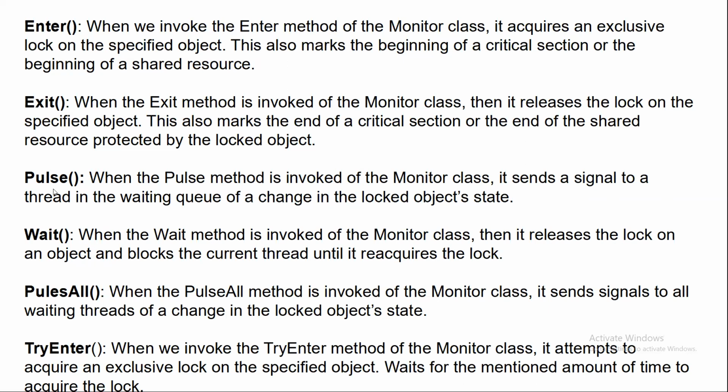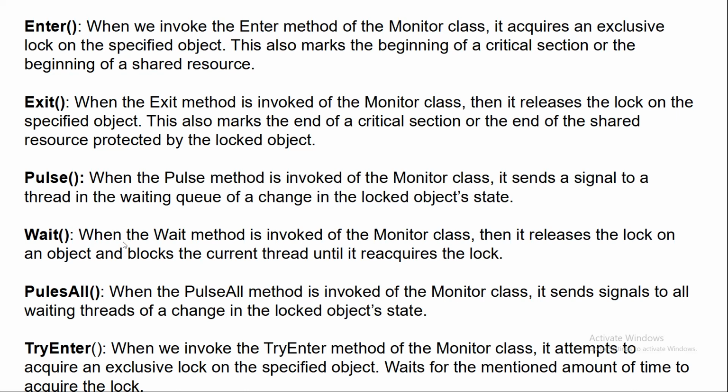It says, hey, I'm almost over, be ready to access that particular code. Just a signal. But this cannot be achieved alone. You have to use one more thing called the Wait method.